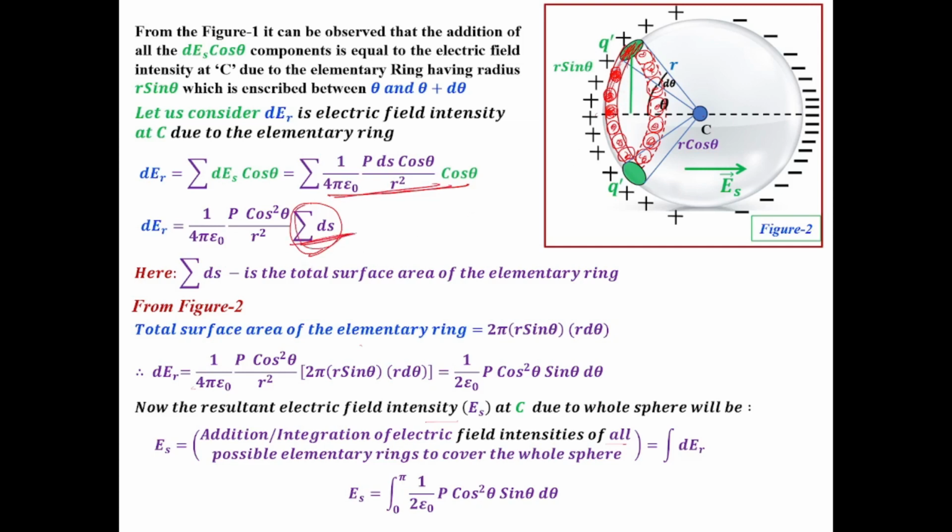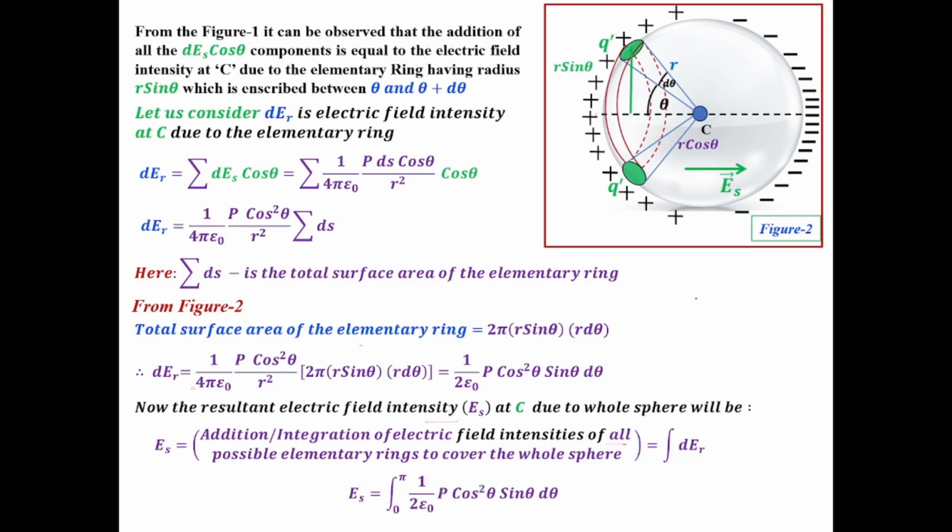So this dS is nothing but the total surface area of this ring. Simple. So this summation over dS represents the total surface area of the elementary ring. Now our work is to find out the total surface area of this elementary ring.